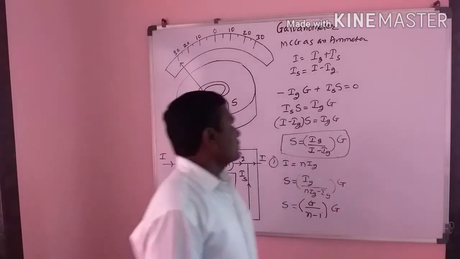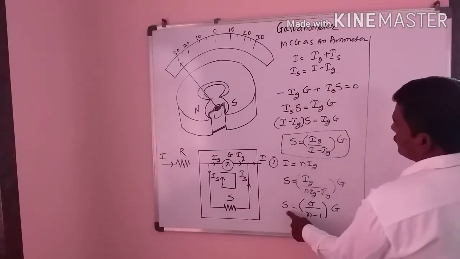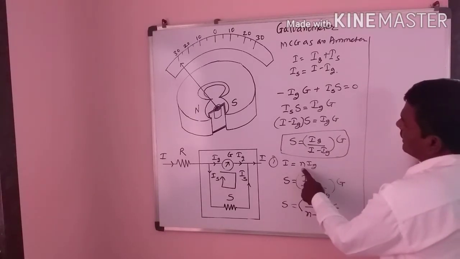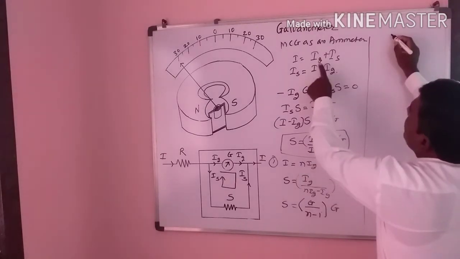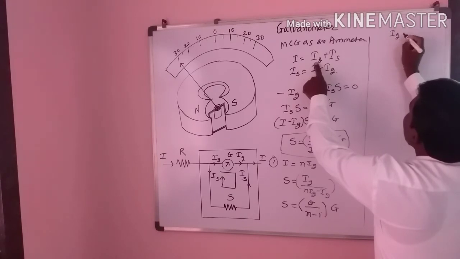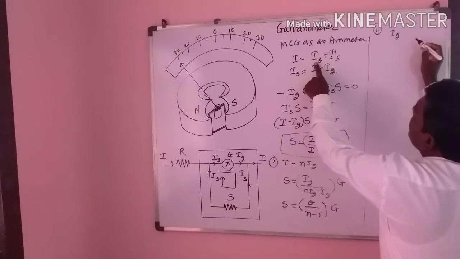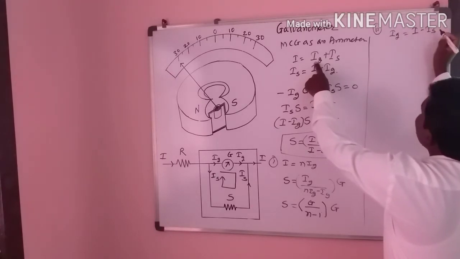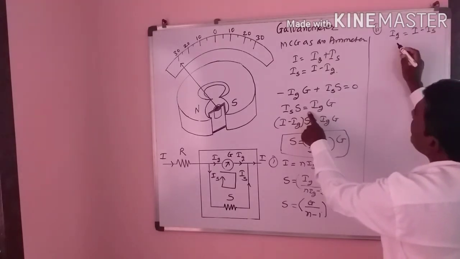Now for the second point, we express the shunt resistance in terms of Is. What is the value of Ig? From Ig + Is = I, we write Ig = I - Is, and substitute this value of Ig.